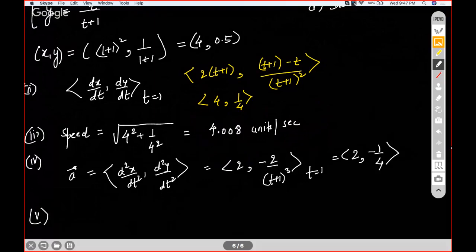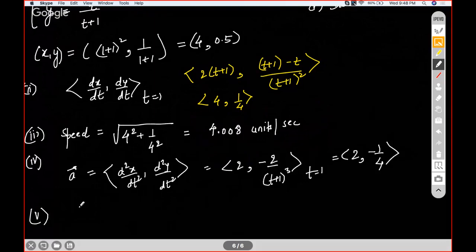Any idea? Sir, is the distance equal to 4? No, it's 3.057 units.